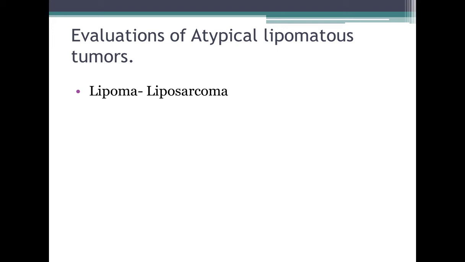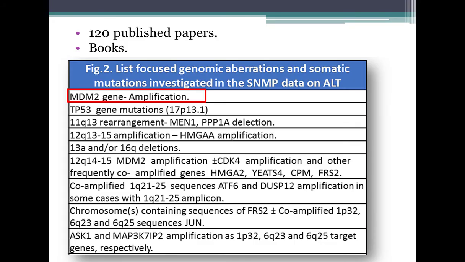In addition to melanoma and adult brain tumors, we also look at atypical lipomatous tumors, especially differentiating between something as simple as lipoma versus liposarcoma on limited core biopsies.